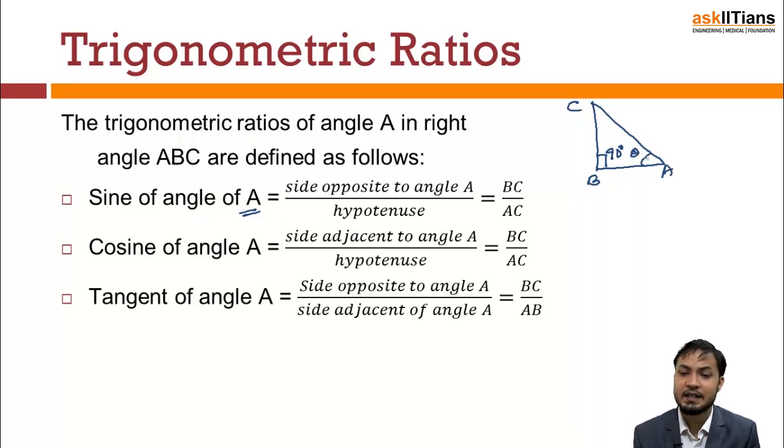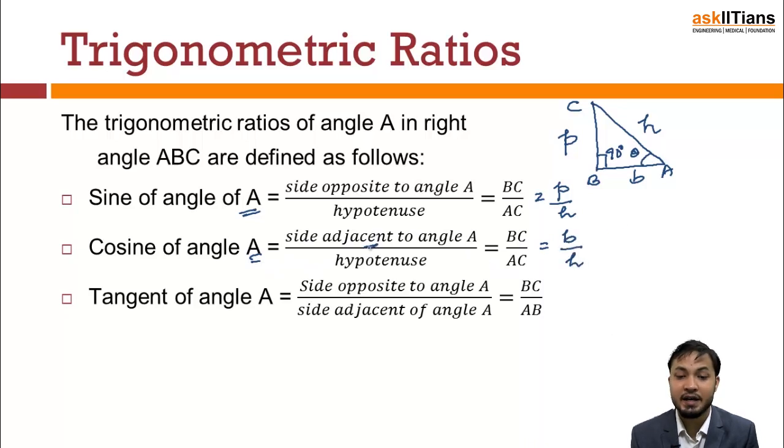Now, if I take the sine of this angle, the value of that is the side opposite to angle A by the hypotenuse, also known as BC by AC, or how we defined this as H, P and B. So, with respect to that, this becomes my P by H. Simultaneously, this becomes my B by H.